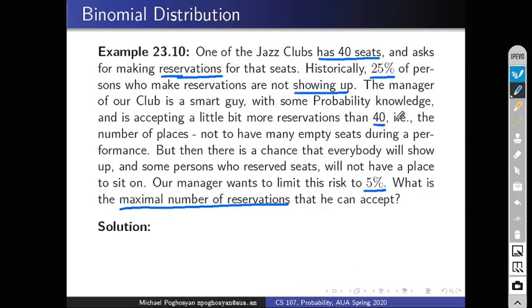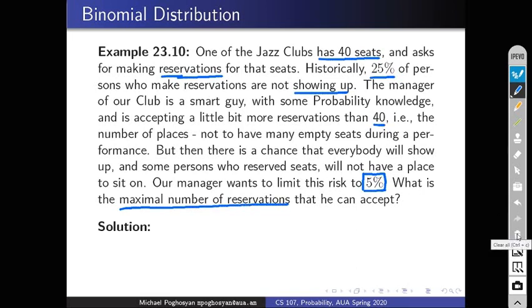Say, if we accept 70 reservations, there is a high chance that some 50 will show up, and then some 10 persons will stand and watch the performance standing. He didn't want that, and he wanted to limit this risk to 5%. So we need to calculate the maximum number of reservations he can accept.